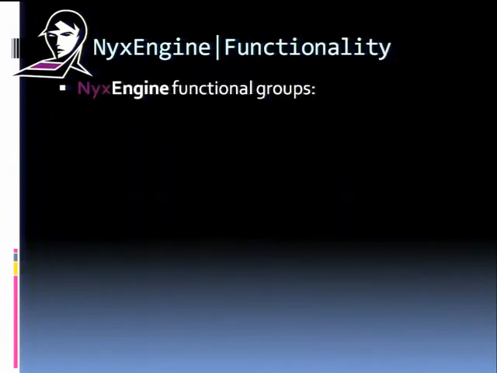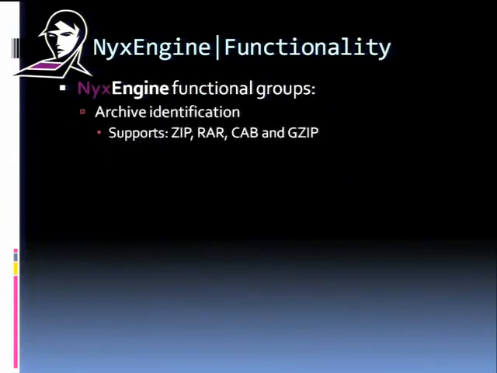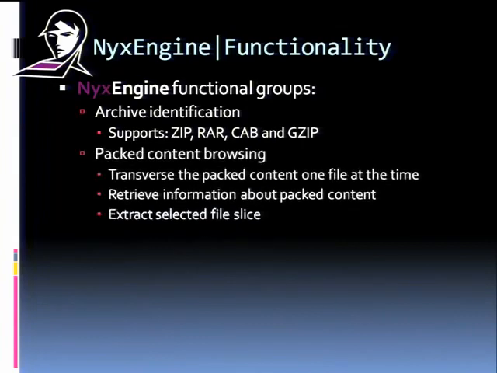Now, the functional groups are, of course, identification of these 4 file formats: zip, rar, cab, and gzip. We enable content browsing, which means you can traverse the archive one file at a time. Just by calling get next file, for example, you would be able to go through each and every file we found in the archive.